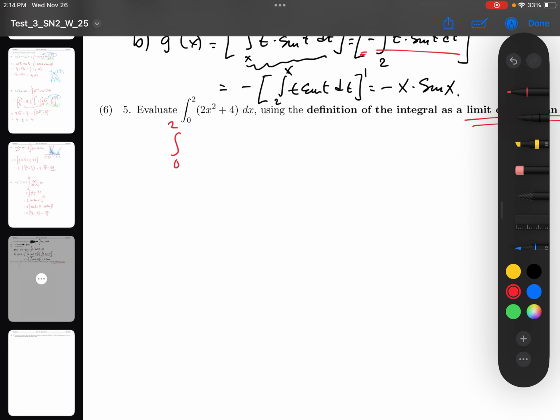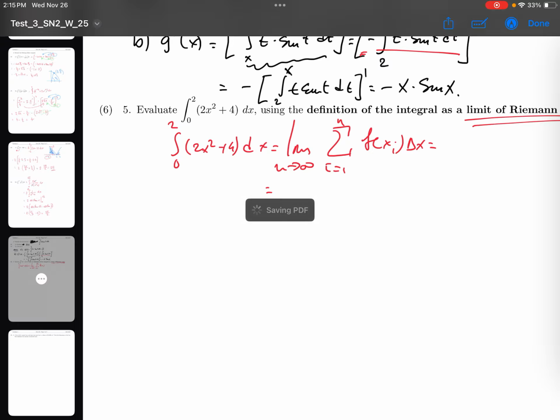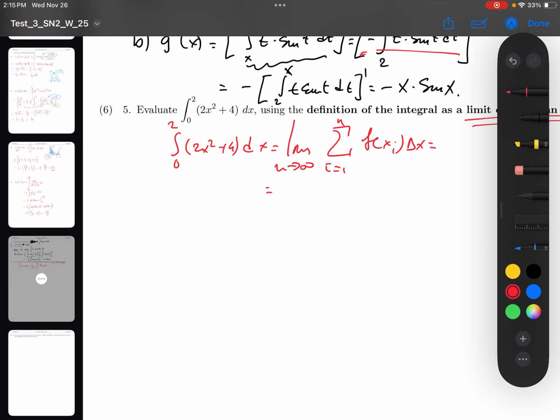So the integral from 0 to 2 of 2x squared plus 4 dx is equal to the limit as n goes to infinity of the Riemann sum, i goes from 1 to n, of f of xi delta x. And now let's just figure out what delta x and f of xi are. Delta x is b minus a over n, so that's 2 minus 0 over n, which is 2 over n.